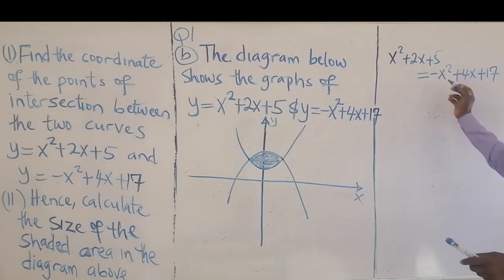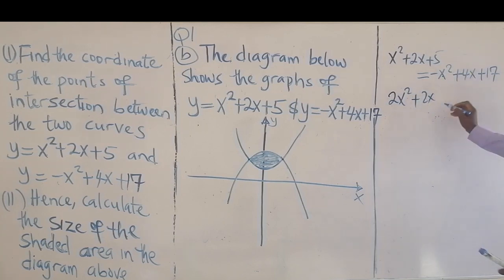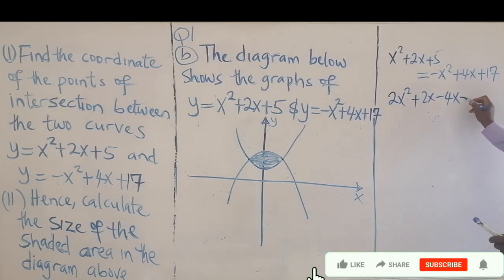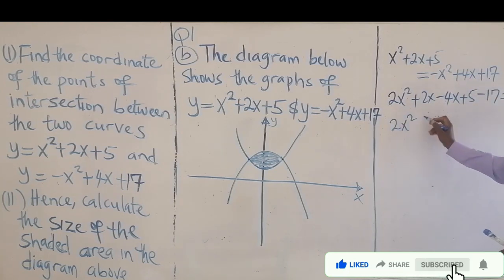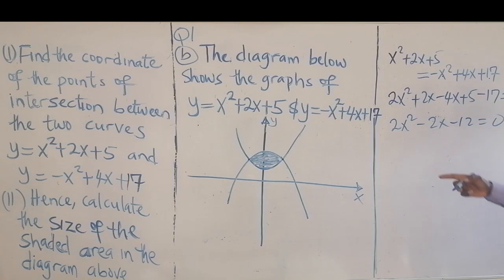Collect like terms, bring this one to the other side, so we have 2x squared plus 2x, minus 4x, plus 5, minus 17 equal to 0. So we have 2x squared minus 2x plus 5 minus 17, that's minus 12, equal to 0. You can divide by 2, so we have x squared minus x minus 6 equal to 0.